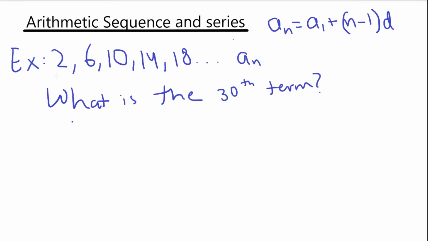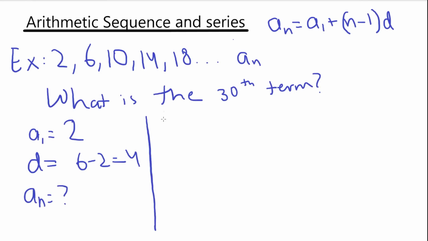So, firstly, let us write out our given information. a1, the first term, is 2. d, or the common difference, is 6 minus 2, which is 4. And the nth term is what we need to find out. So using the formula, 2 plus n, which is 30 in this case, as given here, minus 1 multiplied by a common difference of 4.